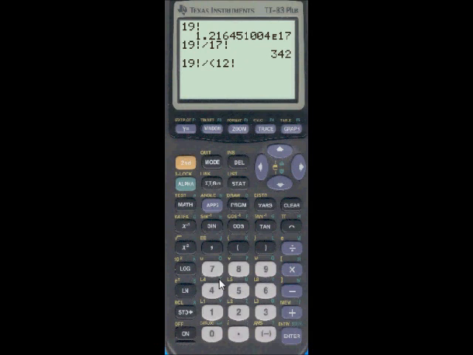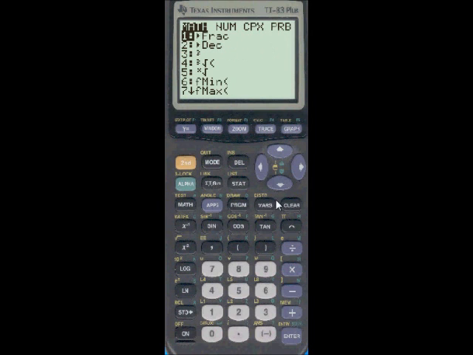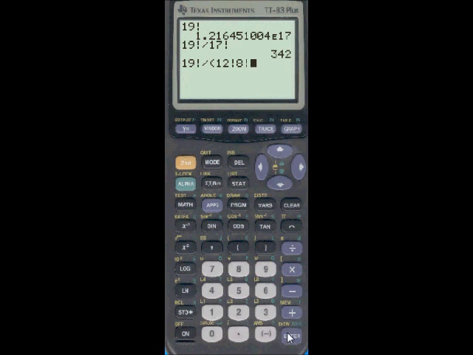And then let's put 8 factorial in here, just so I can show you how to put this in. 8 math enter. Now I close with parentheses, I hit enter.